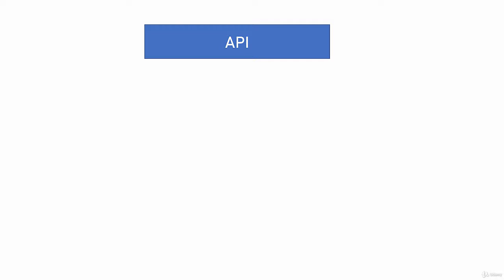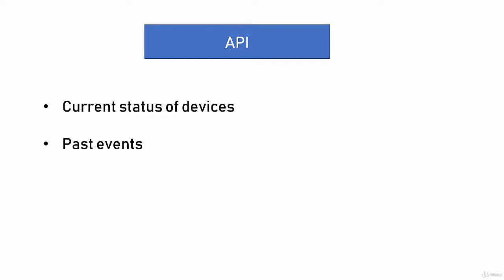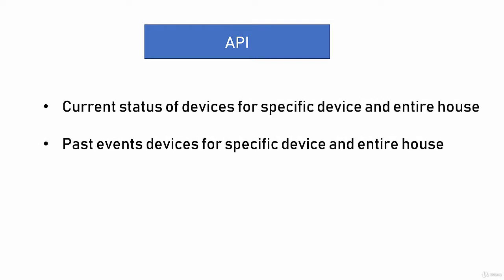So, after discussing it with the client, it looks like what really interests the end users are two types of information: current status of devices and past events. Also, end users want to see the status of a specific device as well as a high-level view of all the devices in a specific smart home.